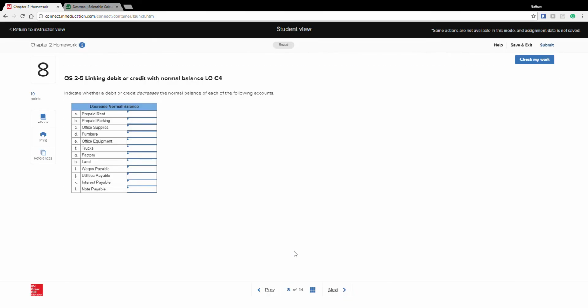So, alright, number 8. It wants to indicate whether a debit or a credit decreases. So watch out with number 8. It's all about decreasing of the normal balance. So it's going to be the exact opposite now.